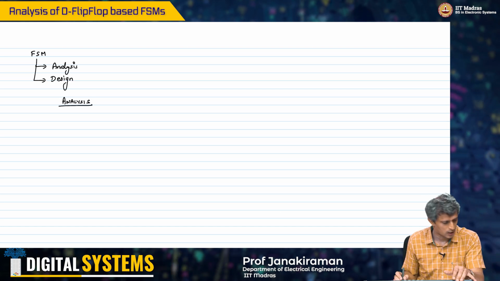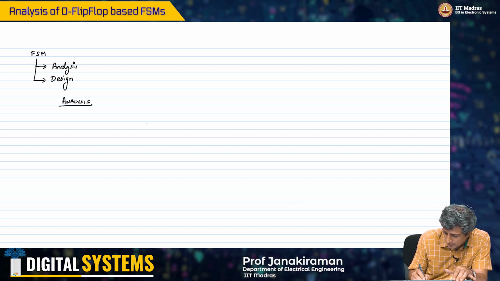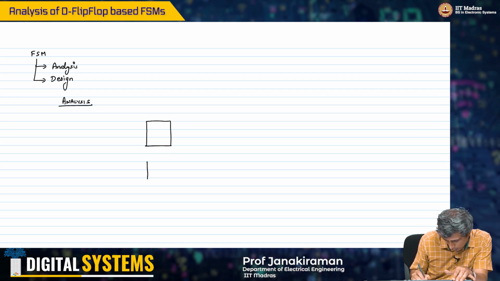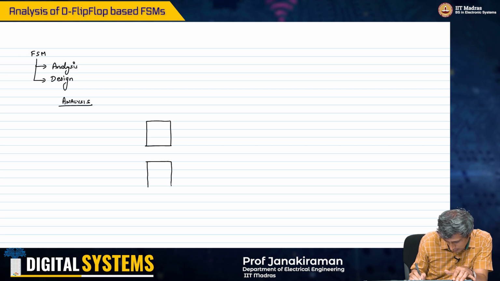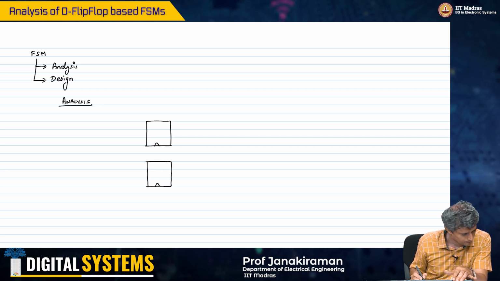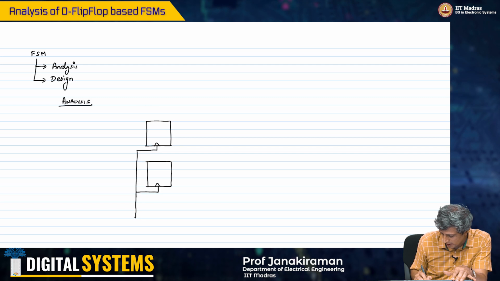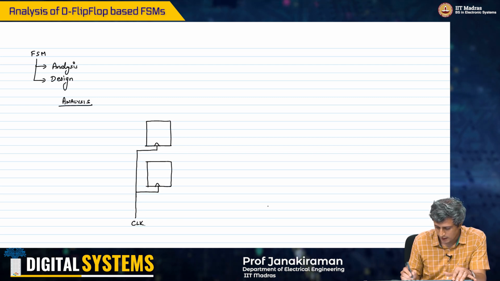Okay, I'm going to simply consider an example here so that we just deal with something very realistic. Okay, so I'm going to put this down. I have two flops, and I'm going to control this through a common clock as usual. The clock till now we have always assumed is a common control signal, right?